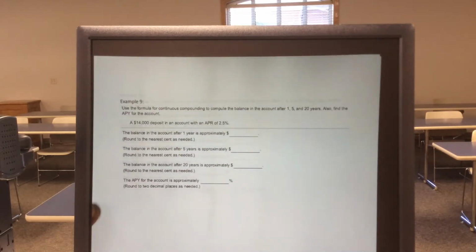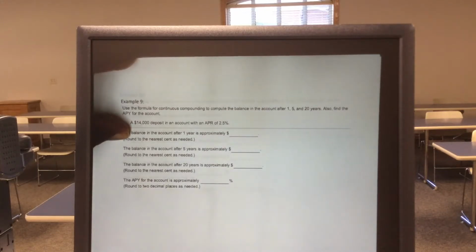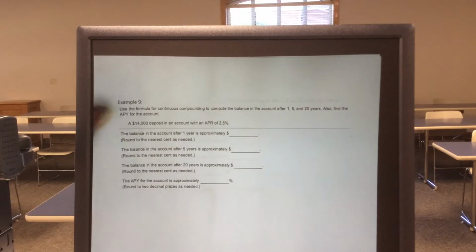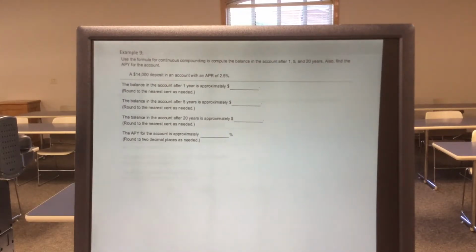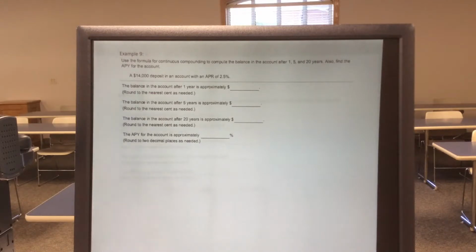So now let's look at some examples of continuous compounding here, like in example 9. Here you're going to use the formula for continuous compounding to compute the balance in the account after 1, 5, and 20 years. Also find the APY for the account. That's the annual percentage yield for that particular account. A $14,000 deposit is in an account with an APR of 2.5%.